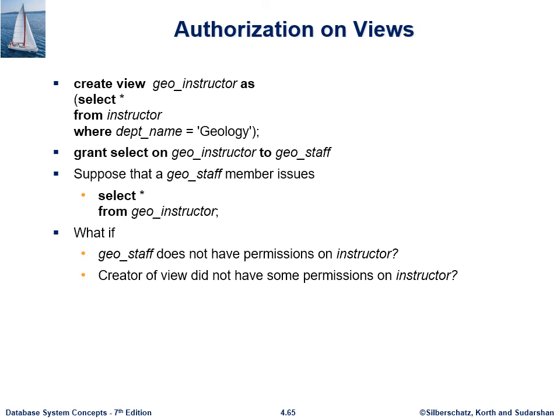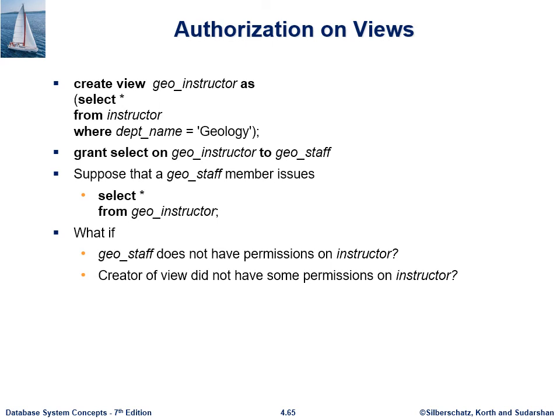So any geo staff, based on the user ID, if they initiate the statement select star from geo instructor, then they will have access to the view, because it was already granted the privilege.